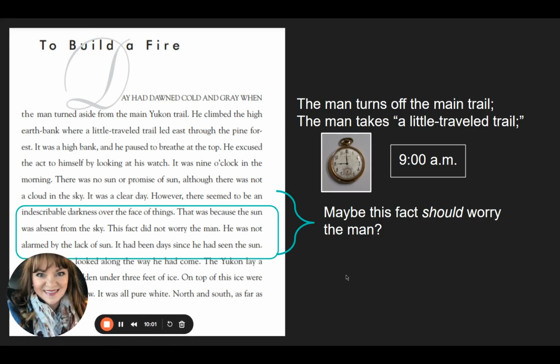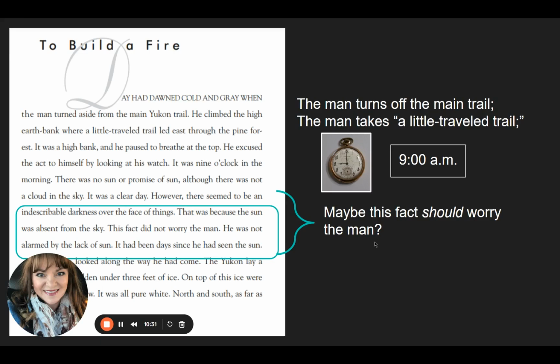All right, so the thing I annotated here is that the man turns off the main trail. We see this in the very first sentence, and we know when we read that there are no accidents. When an author wants us to know something, they tell us, whether that's outright or sometimes metaphorically. But the very first sentence is always very important in a story, a book, whatever we're reading.